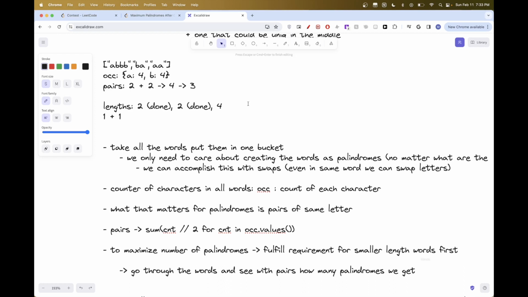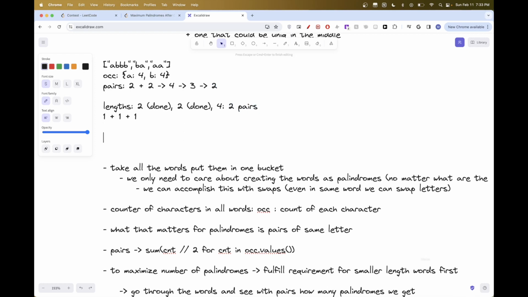And now for 4, we need to be able to accomplish 4 here, we need 2 pairs, right? Length 4 means we need 2 pairs. After this one, we have 2 pairs left, so we can accomplish this. And so now we have a third one, okay? So if we try to code this up, what does this mean?